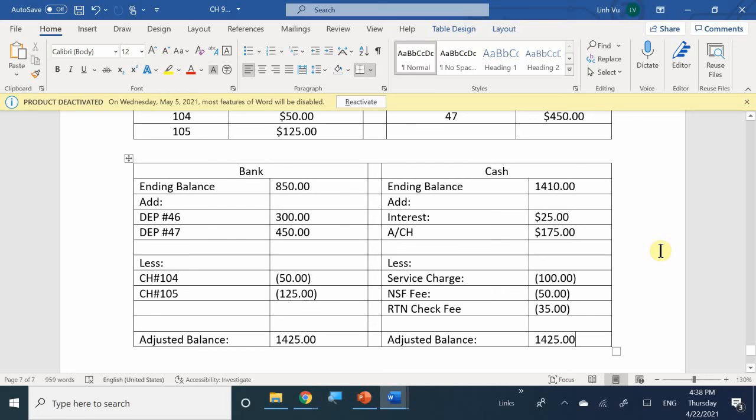Once again, please use the acronyms. If you're dealing with the bank side, you have DO: D for deposits in transit, O for outstanding checks. If you're dealing with the cash side, you have IFs. I is the interest that you're going to collect.